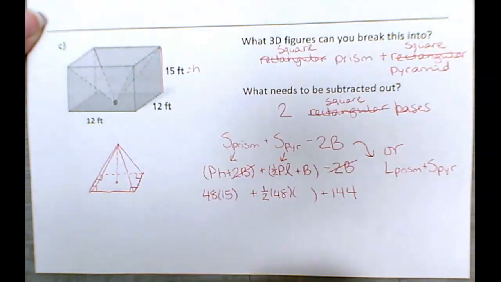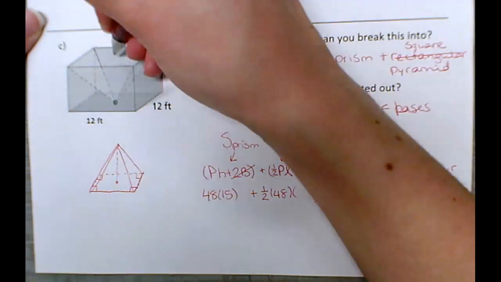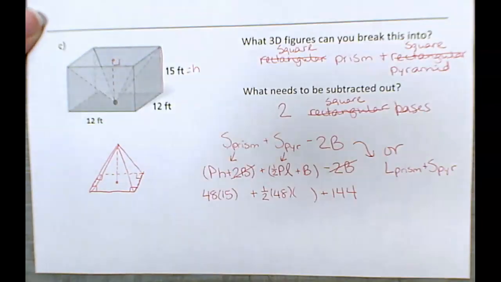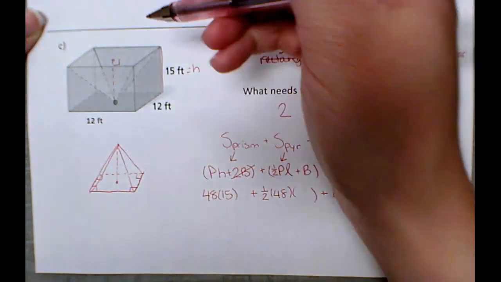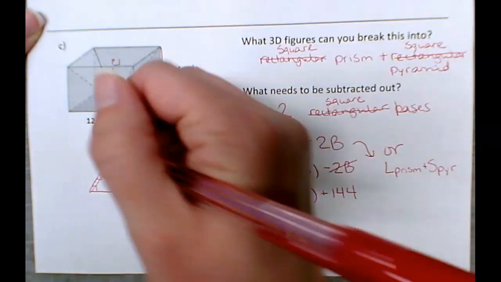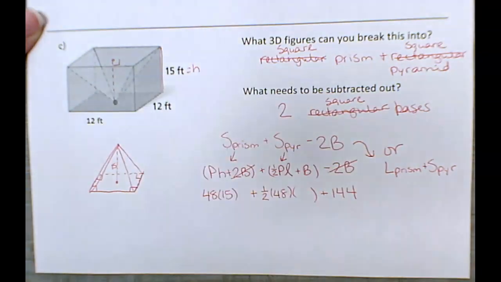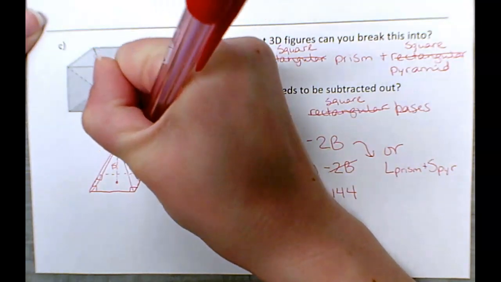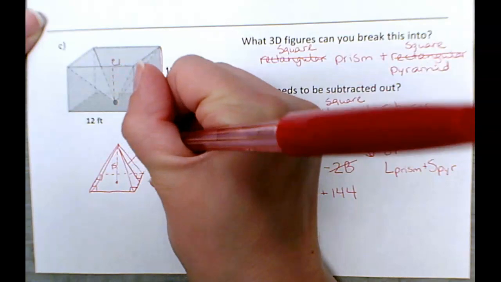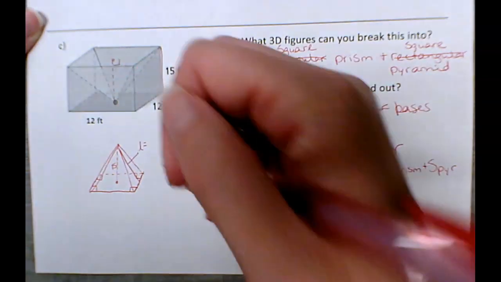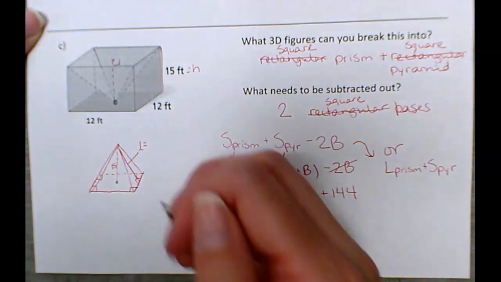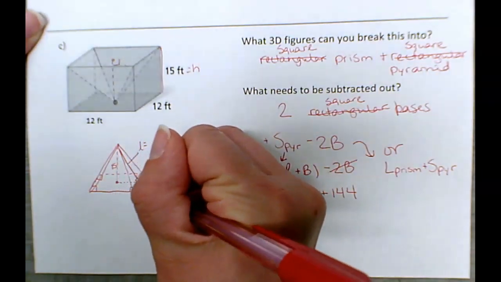Here's the height, which I know that the height of this upside down kind of inverted pyramid is the same thing as the height of the prism, right? So this has to be 15. But what I'm interested in is this slant height right here. And that slant height is going to be at a right angle on the lateral face. And then I'm going to have this distance right here as well.